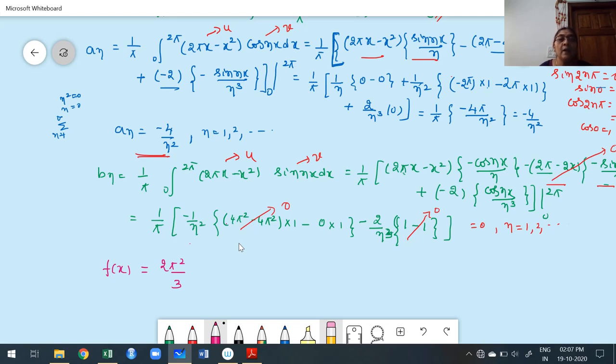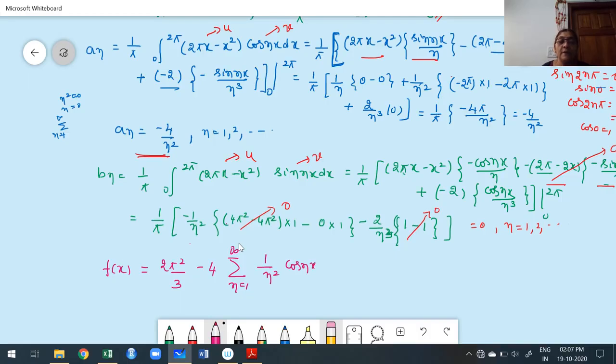And then while taking the a_n value, which one is constant? Minus 4 is constant. I'll keep it outside the summation. Either you take it inside the summation or keep it outside, it does not matter. The answer must be the same because 4 is a constant. Minus 4, 1 by n square cos nx.